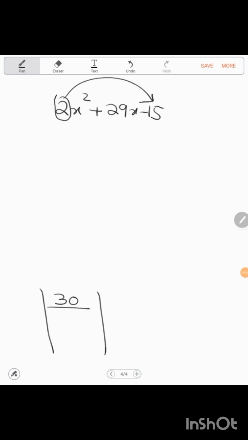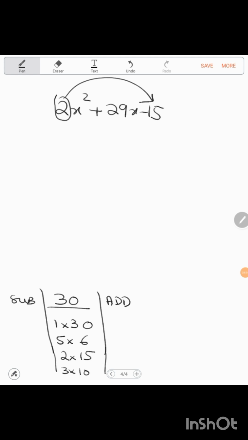So we are going to find the factors of 30. 1 into 30 is 30. 5 times 6 is 30. 2 into 15 is 30. 3 into 10 is 30.